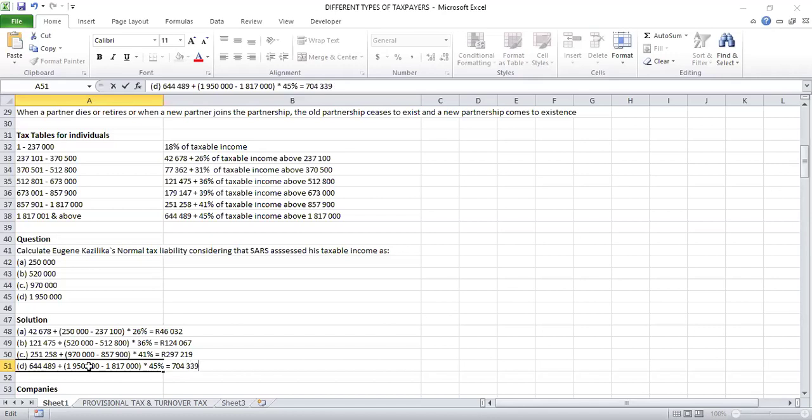Thank you so much. So this is how we determine the tax of individuals. As I said, there will be an issue of normal rebates, an issue of tax credits, which we don't do now. Mr. Andrew. Thank you. So if, for example, you're earning 250 per annum, you're going to pay 46,032 rand per annum.